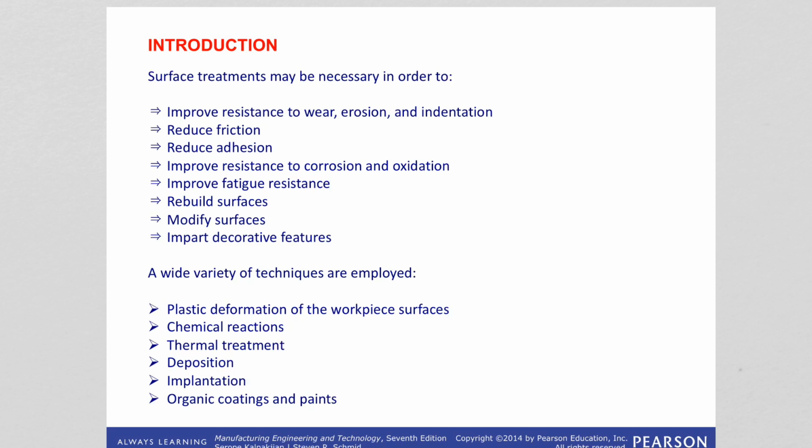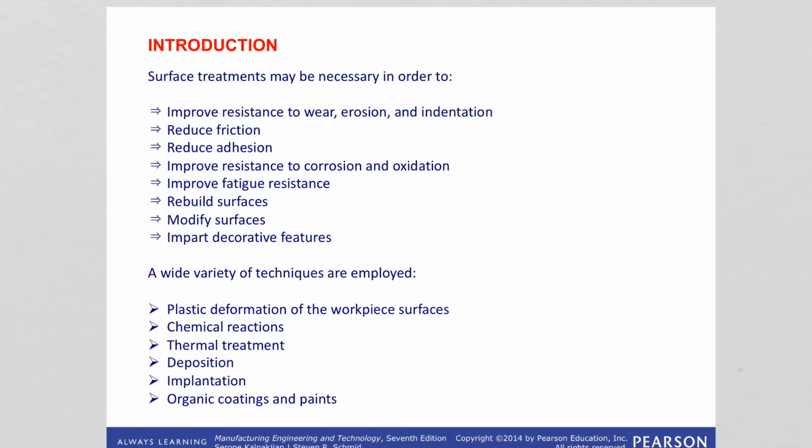If we want to sum up the reasons we need surface treatments: to achieve improvement against wear, erosion, or indentation for parts such as shafts, rolls, gears, or to reduce friction. And we know how friction adversely affects the manufacturing processes. So we can reduce friction on surfaces of tools, dies, bearings.